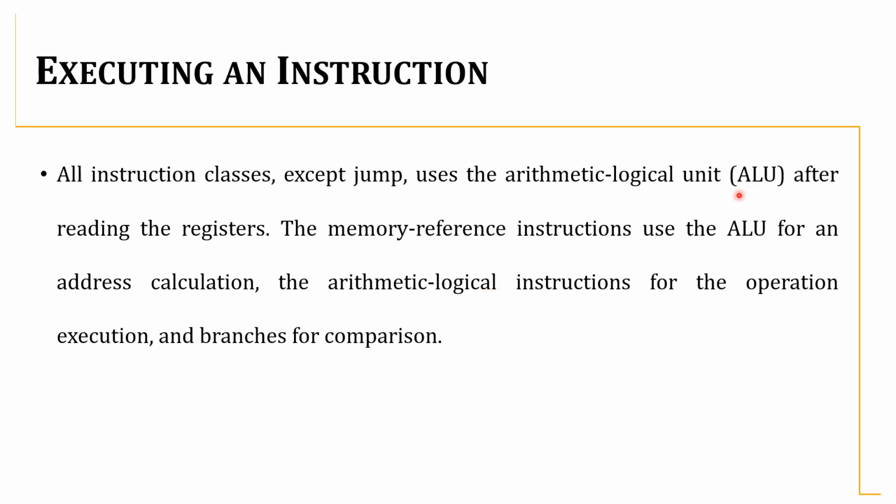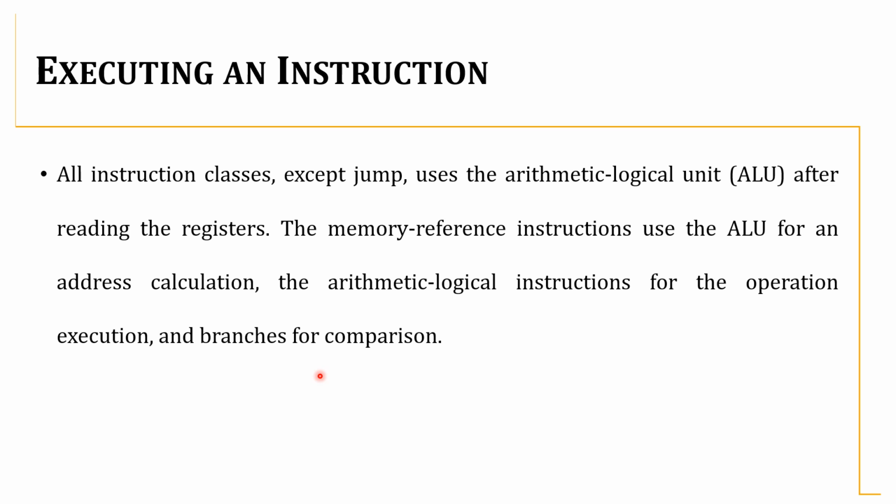Or if the operands are directly given, if the operands are in the register itself, or if the operands are immediate values, we can directly perform the ALU operation. So we can make use of the ALU for the operation execution. And in the case of branches, we need to compare the zero flag content, or we need to compare whether RS equals RT.